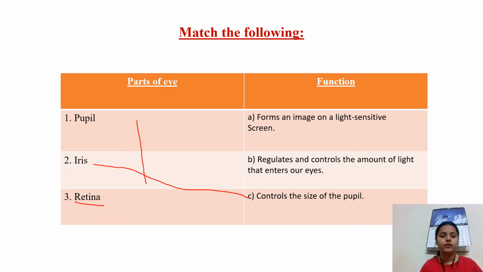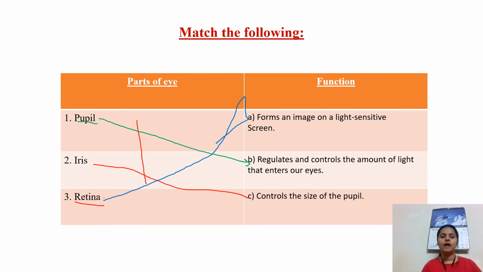Retina will match with the first one. Okay, first one. Now for pupil I'm going to use the green color, and pupil will go with B1. Okay, so yes, we have finished this. We have done the match the following part. So now let's move ahead.